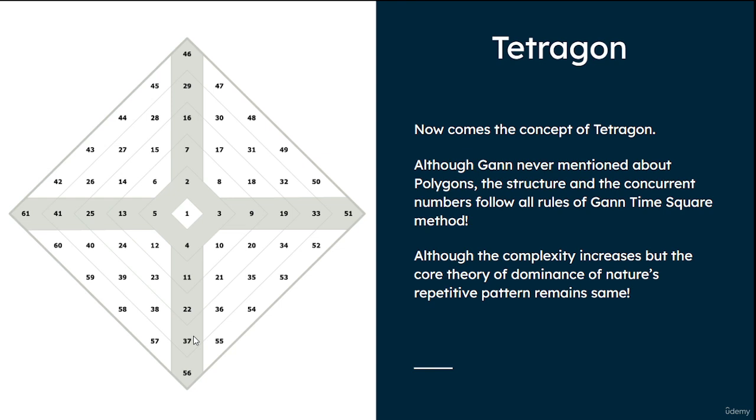I might not have discussed it, and there is no purview to discuss the Gann time square method here. Because it follows the Gann time square method, different people of different trading communities developed it, and it evolved afterwards. So this is a tetragon. See, it has only the cardinal cross.